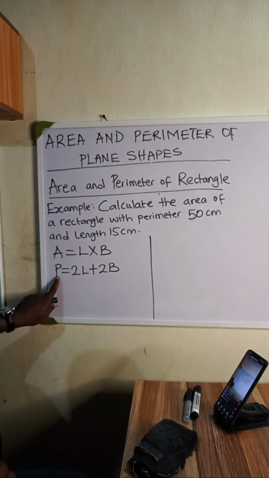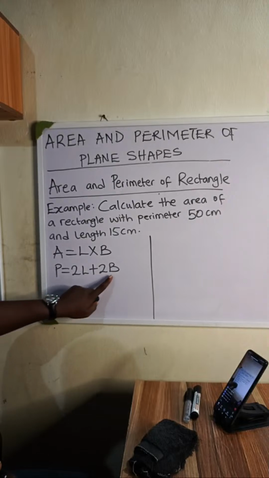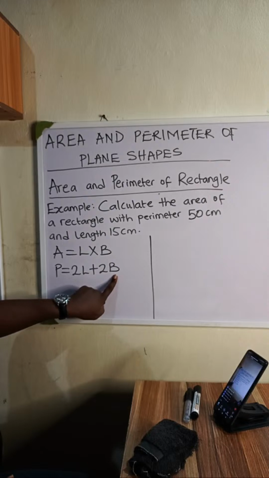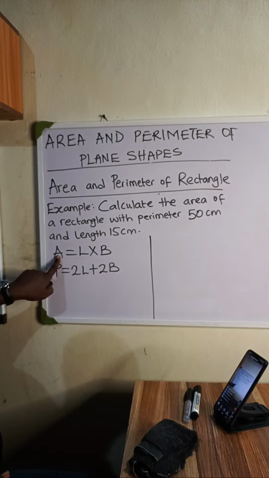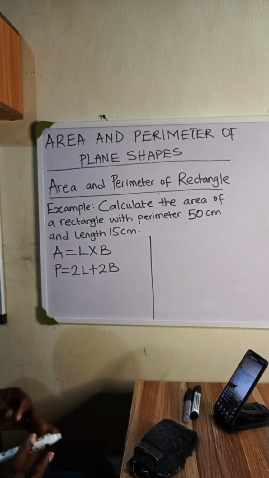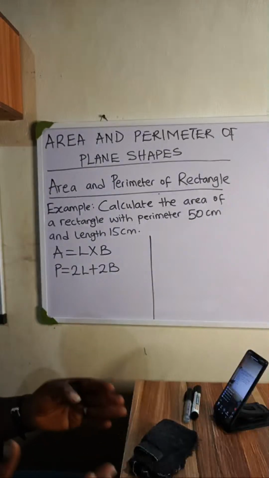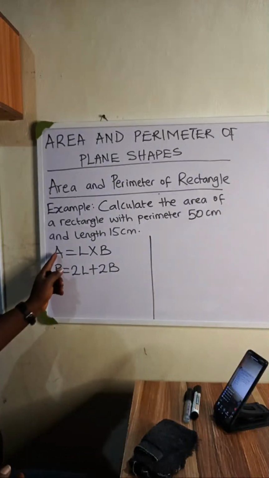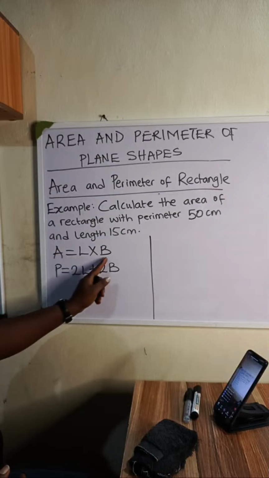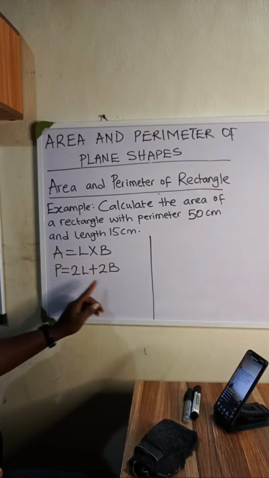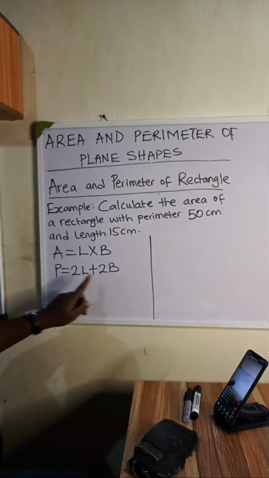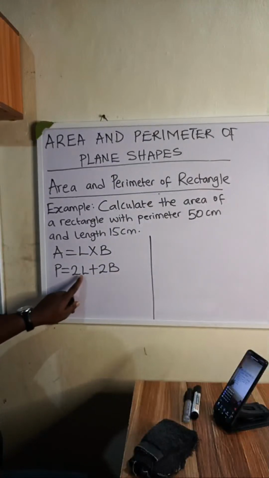Since we know the perimeter and the length, we can calculate the breadth. For you to calculate something unknown, you should not have another unknown in that same equation. In the area equation, you have two unknown values, so you cannot calculate one of them. But here we can calculate B because we know the perimeter and the length.